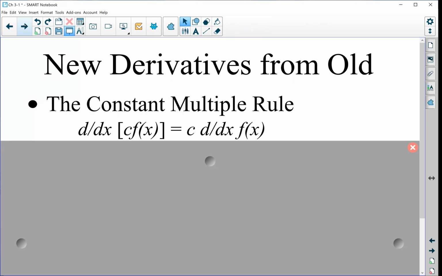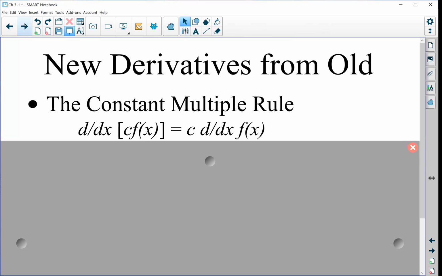So a couple other rules then that we can pull. If we have a constant times a function, the derivative of that is just going to be the constant times the derivative of the function.